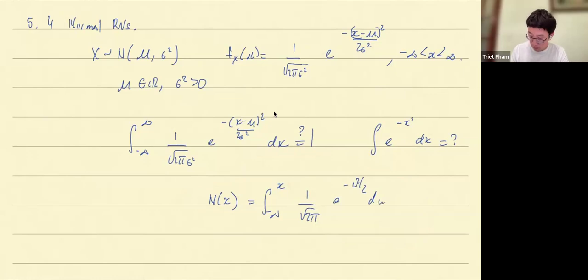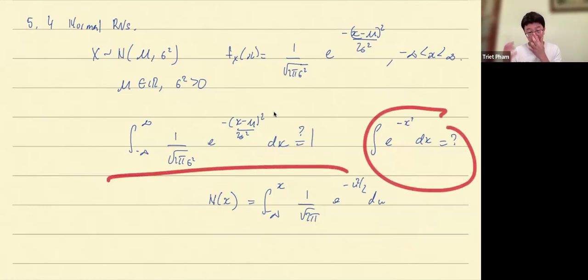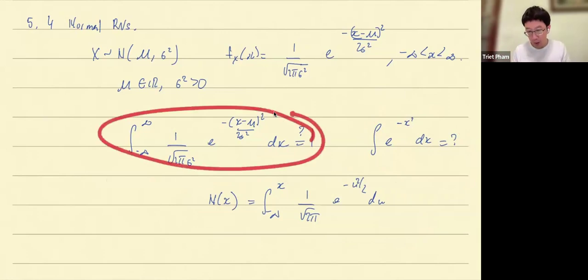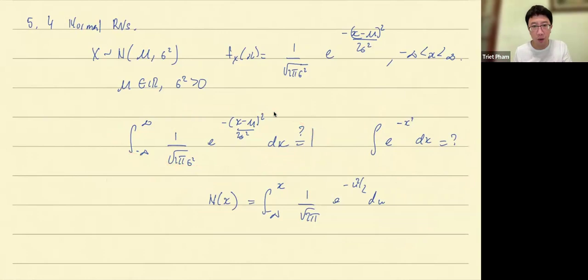So basically what I'm trying to say is that the antiderivative of the normal CDF is something that's not recorded. So yes, there's a way that you can verify this is equal to 1, and you should have seen it in calculus 3, where you multiply this with another integral, look at it as a double integral, and do a polar change of coordinates.